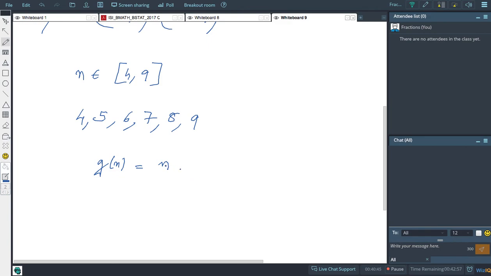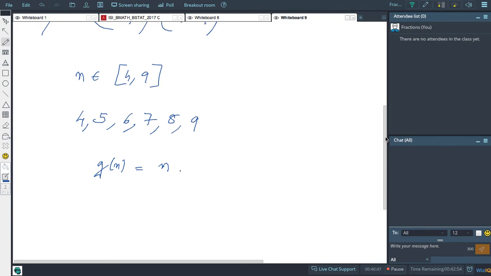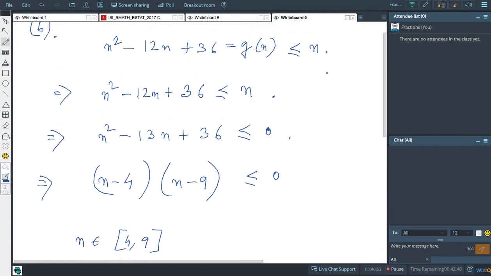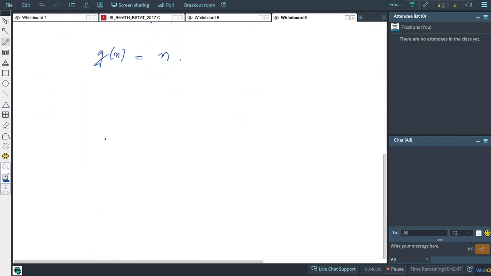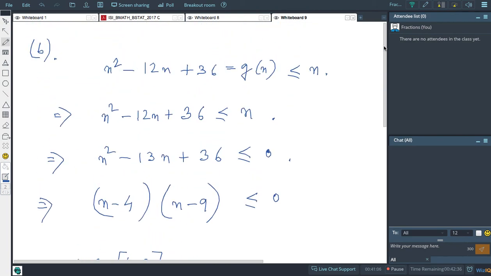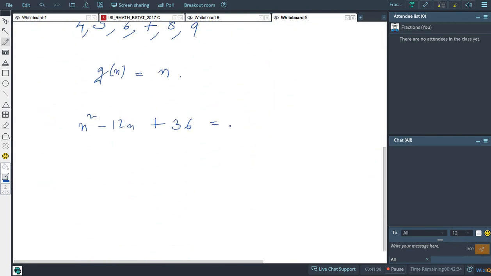And so we need to basically see when the equality holds. And so we need to basically solve n square minus 12n plus 36 is equal to n.